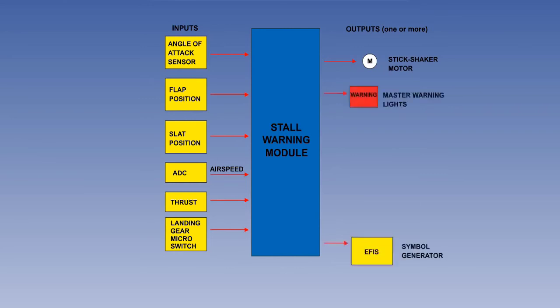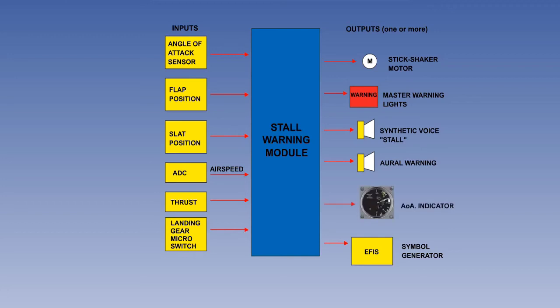Then we have visual warnings, which come as master warning lights, and written warnings on electronic screens, and audible warnings in the form of synthetic voices and oral warnings. We also have an output to the angle of attack indicator. There is also a test facility, which can only be used on the ground to test the system.